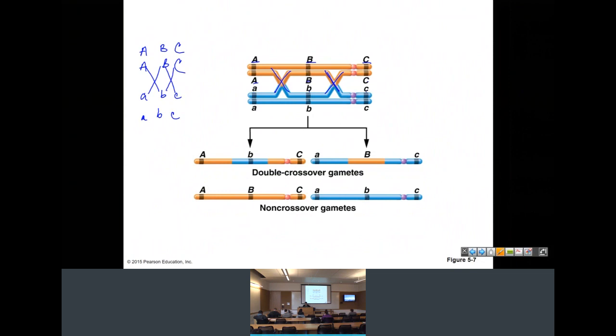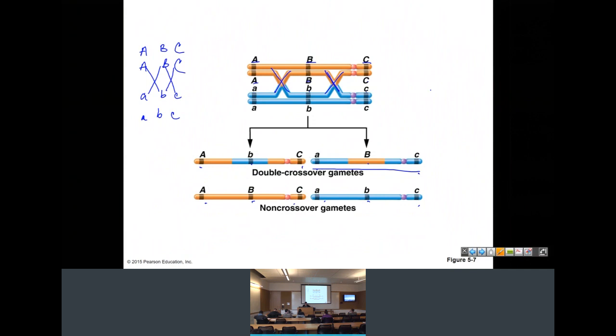So look at the parental, big, big, big, small, small, small. Look at this one. Small, big, small. Big, small, big. So that tells us that gene B is between A and C. Whenever you have a double crossover event, we can find the gene in the middle by seeing which gametes have one difference from the parent, and that difference will be the gene in the middle.